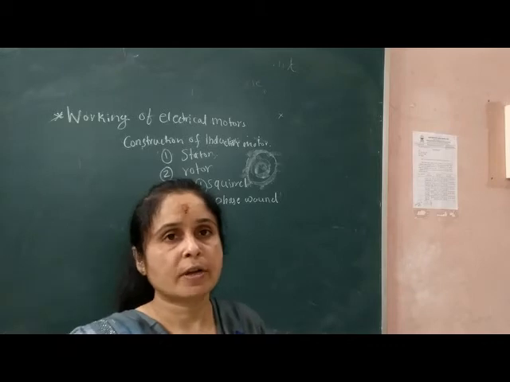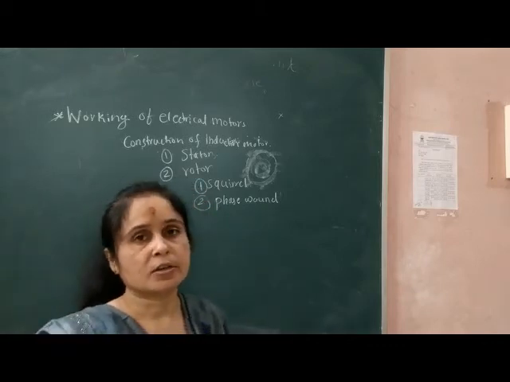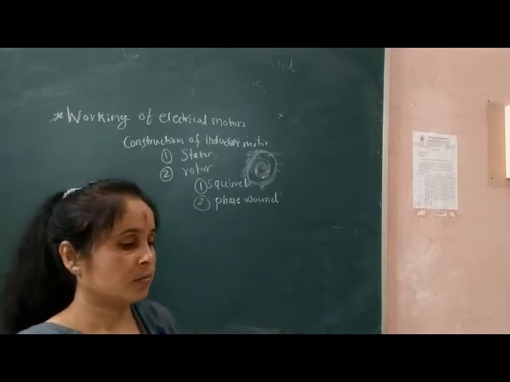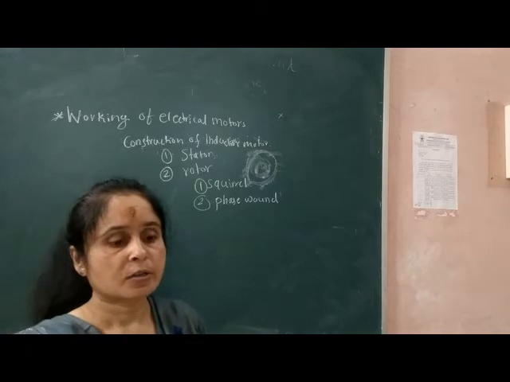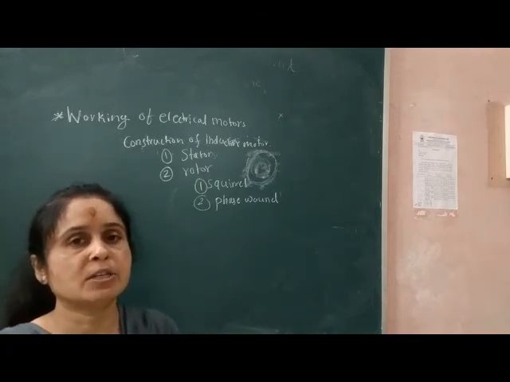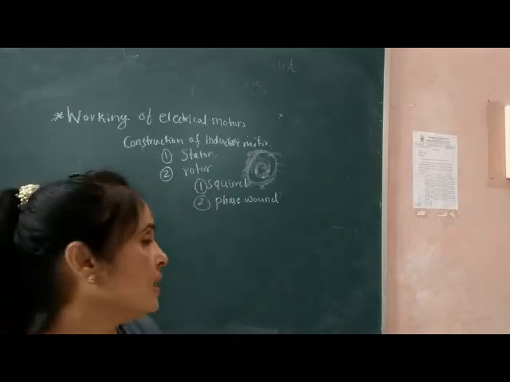These are the two different types of rotors that can be used in this induction motor. In this way we can understand the types of induction motors, and their principle and working. So now the next topic is AC and DC motors.